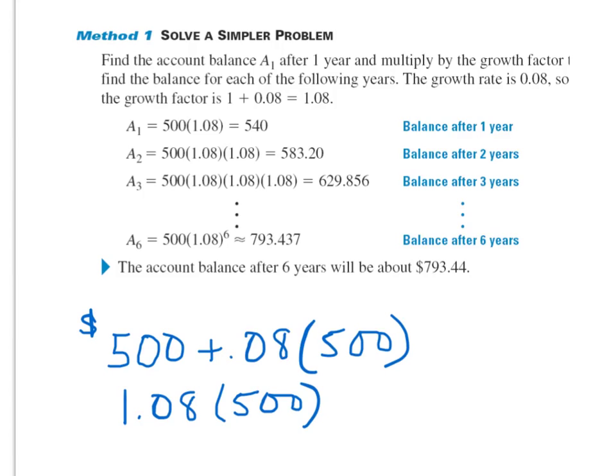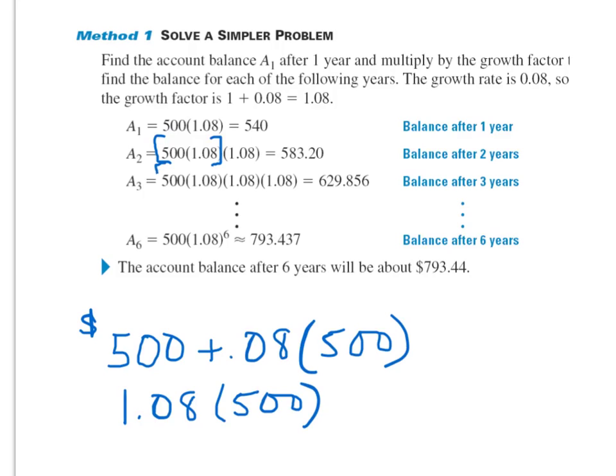So what you see here is that the first amount at the end of the first year, that 540, would come from 500 times 1.08, but then the second year you could recognize that that 500 times 1.08 is the starting value of the second year, and then it's times another 1.08.